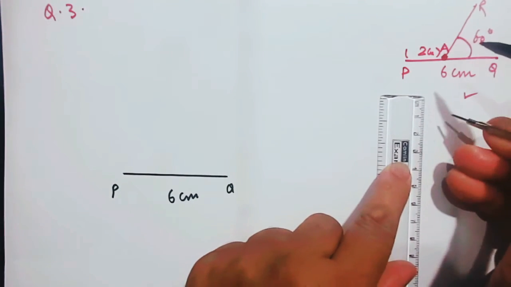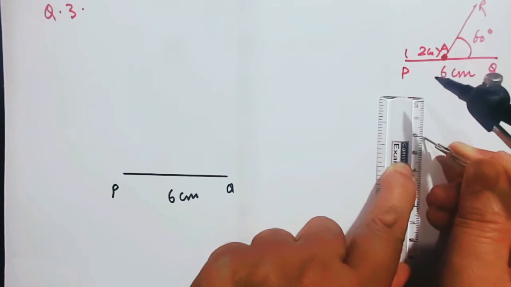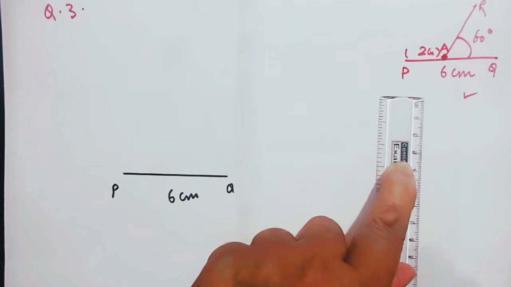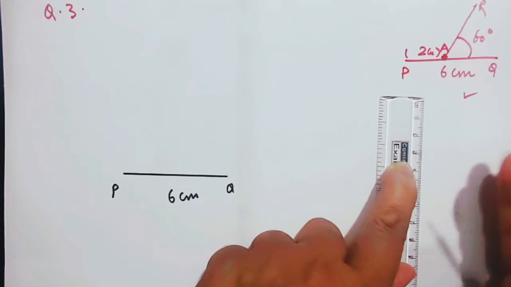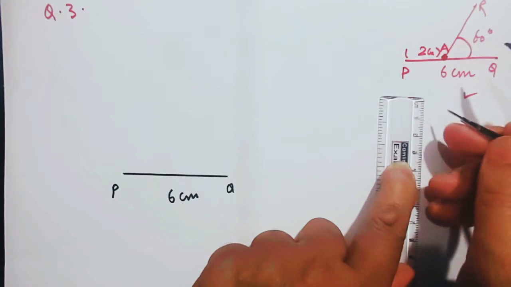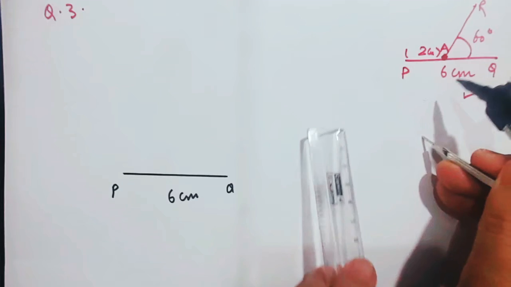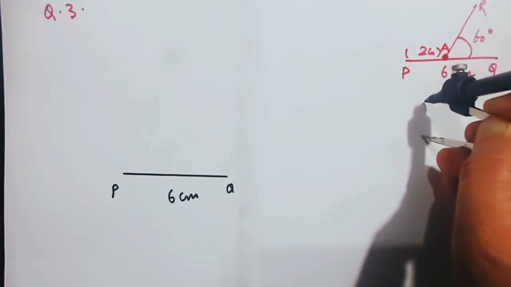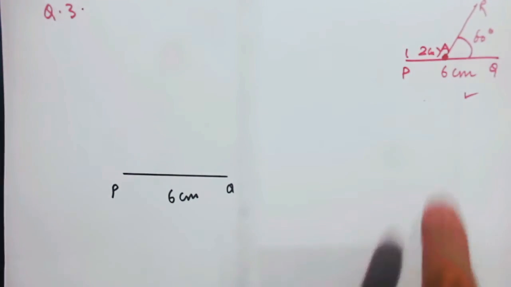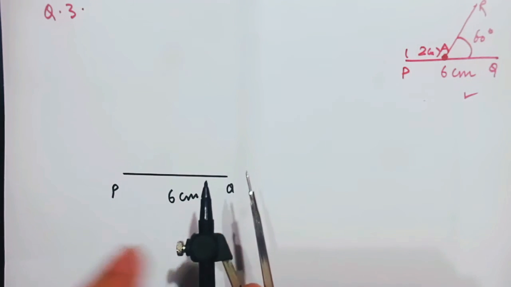I am going to mark the length of 2 centimeter on the empty space provided to you. Let me take the length which I have marked on the empty space as 2 centimeters. So this is my 2 centimeter now.